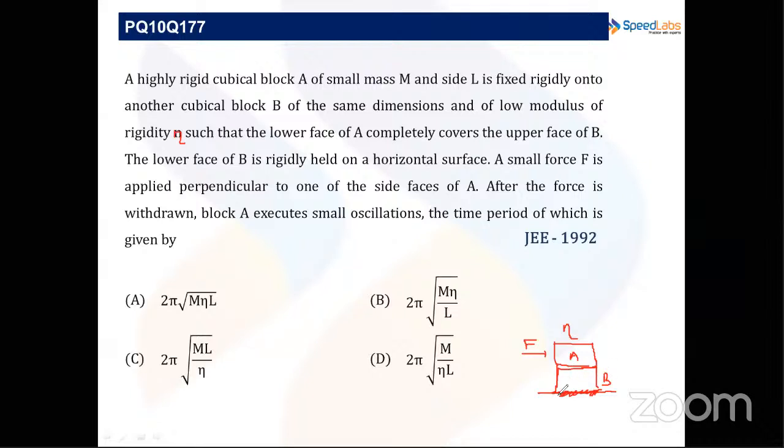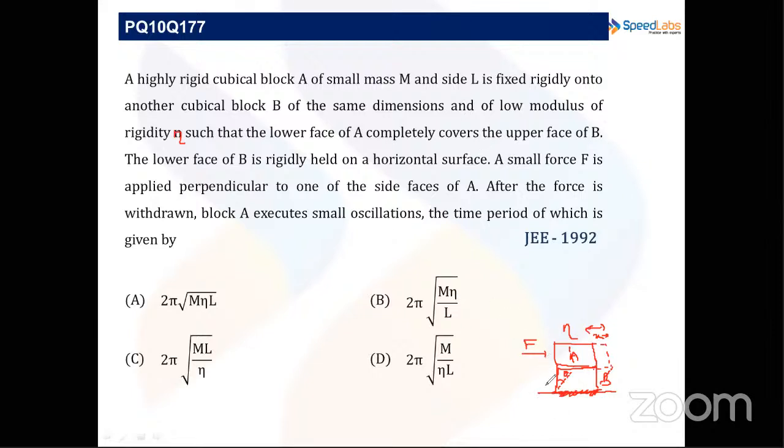As soon as you give a push, B will slightly bend like this. Now for the modulus of rigidity, let's say this angle is theta and this displacement is x. So x is nothing but, what was the side length?